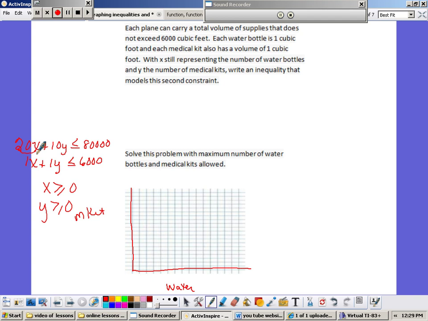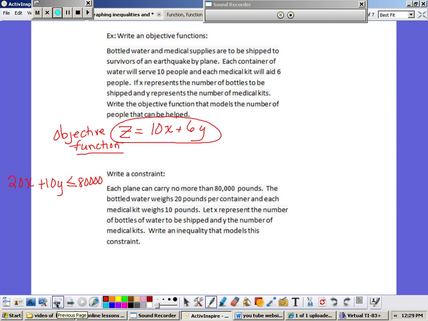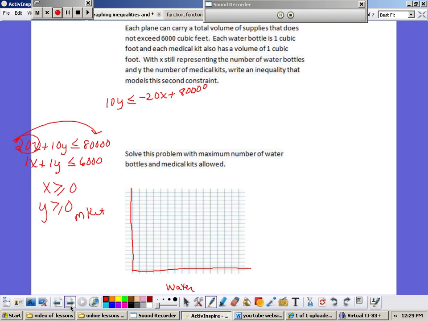So I have to solve these for y. 10y is less than or equal to negative 20x plus 80,000. Was it 80,000 or 8,000 when I made that move? 80,000. Okay, we just want to make sure it's right. Divide by 10.